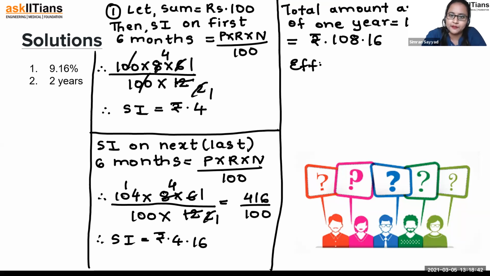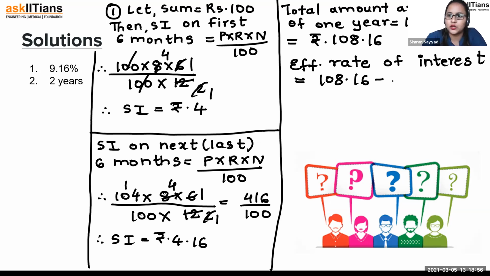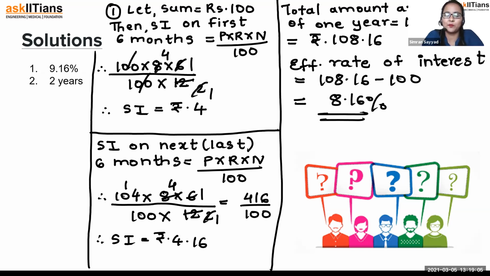Now we have to calculate the effective rate of interest. So my effective rate of interest is equal to the total amount you paid minus the sum. It is nothing but 8.16 percent. How much did you pay? 8.16 percent.